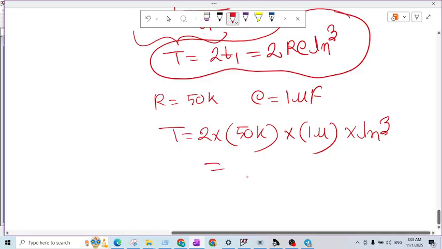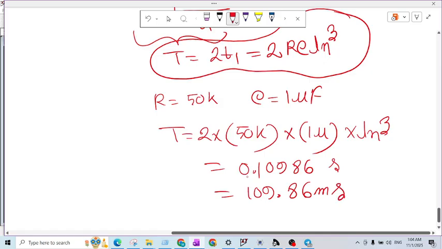Well, so let's see what this is. 2 ln 3, so I'm calculating this. T is 1.0986 second. Sorry, 0.10986 second. That means 109.86 millisecond. Well, so now let's check it in the simulation.